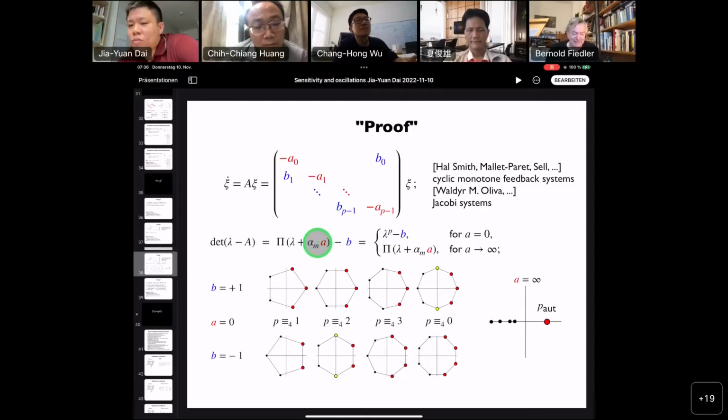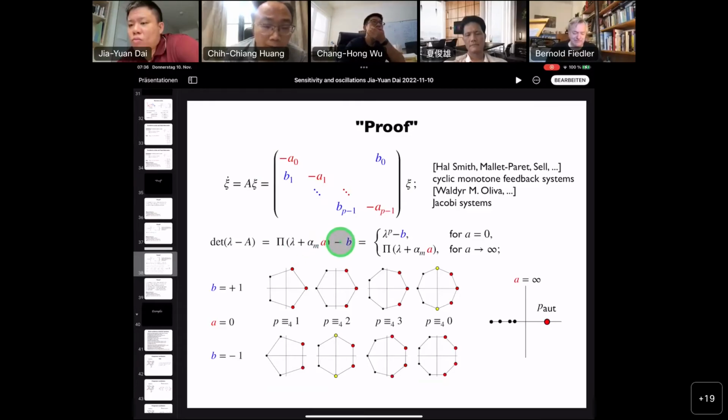And the alpha m's are the relative size of these diagonal terms with signs, okay? So alpha m is a_m divided by a. Very easy. And then I get this off-diagonal flash here. This is the b, scale b. Okay. So this is my characteristic polynomial.